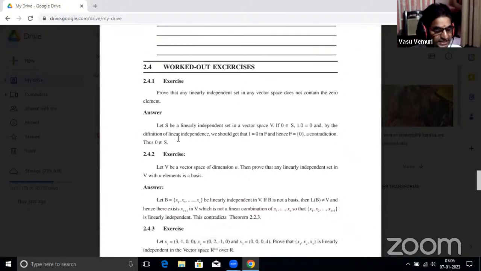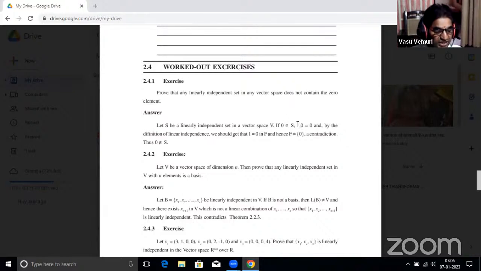Any linearly independent set is denoted by capital S. Suppose it contains the zero vector, that is, zero belongs to S.